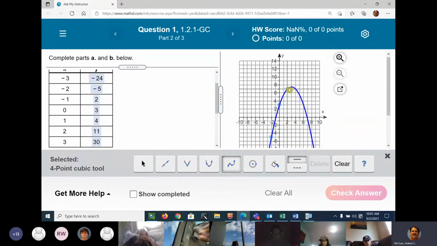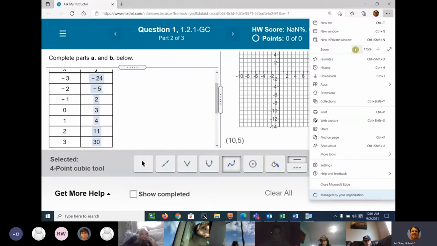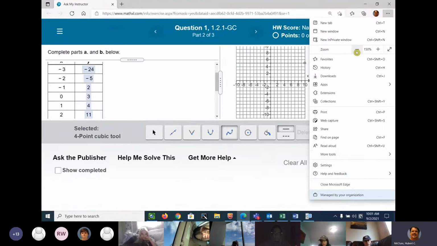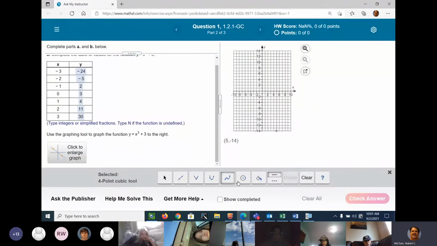Okay, it's not supposed to do that. You have a work email. Let me hit it again. It would help if I could see everything. There we go. All right, so I want to do a cubic function. I hit cube. And -2, -5. There's a point.